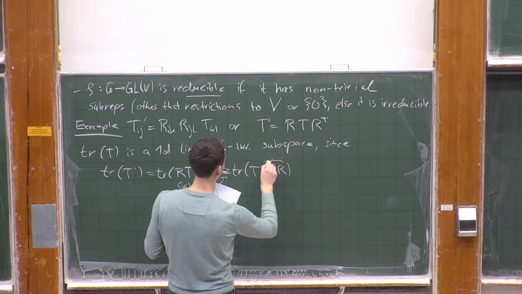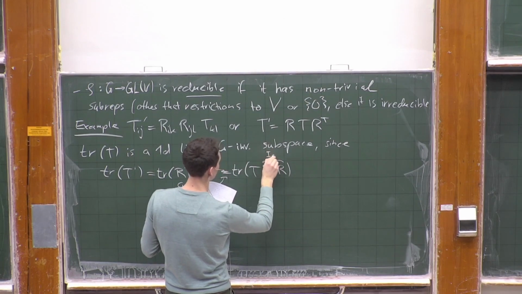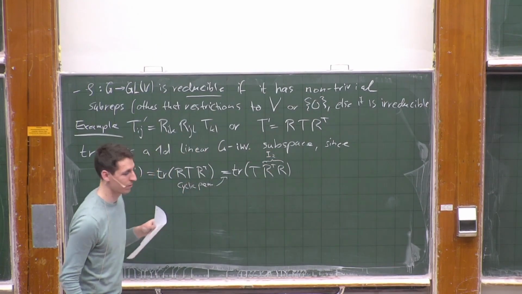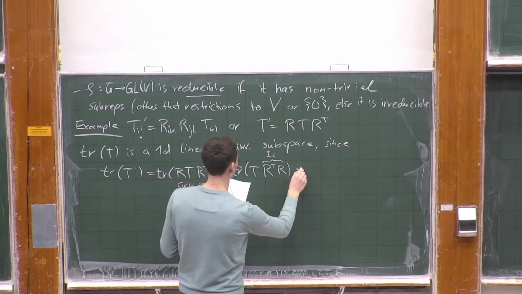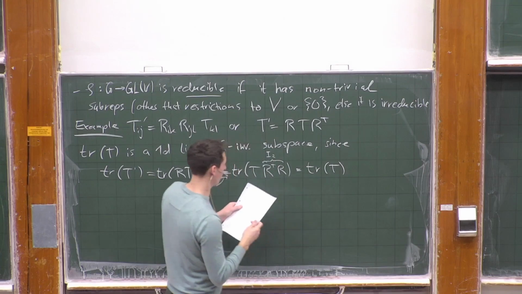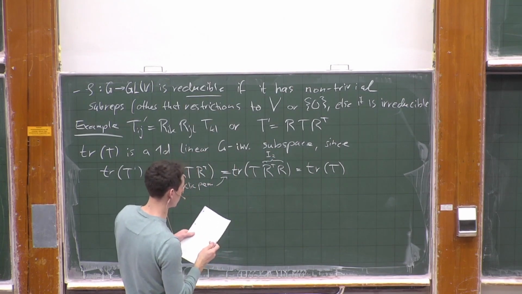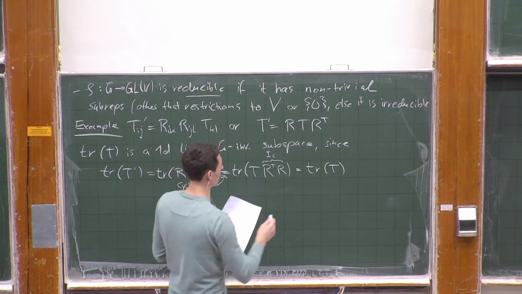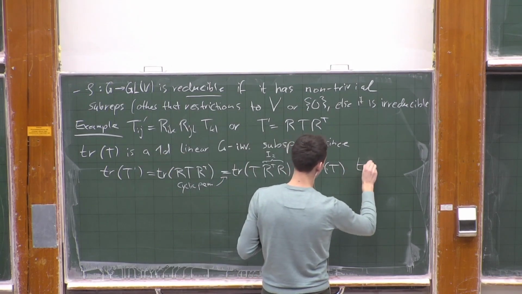And then this here is the identity matrix. So what we end up with is, again, the trace of the untransformed tensor. So this is the trivial representation.